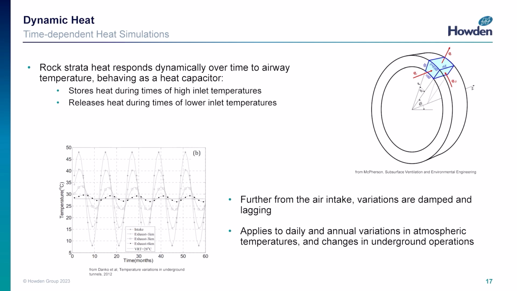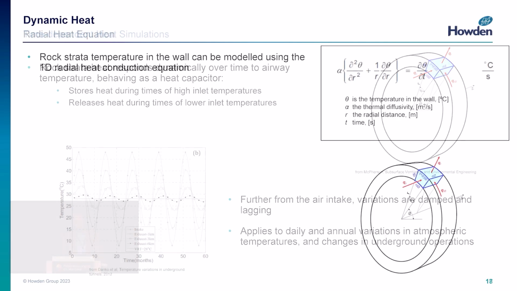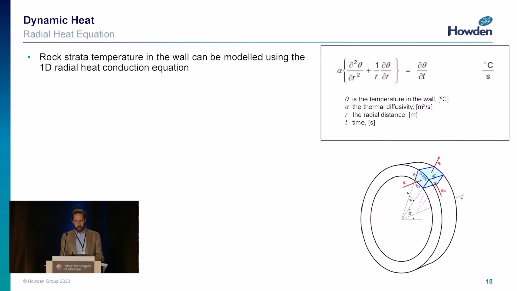So if you change your heat sources underground, the effects of these will be somewhat delayed. So the way we model this currently is with this equation here. This is the one-dimensional radial heat conduction equation. That there is its mathematical representation. I've got a little tool here which I'll switch to show you what this looks like graphically.